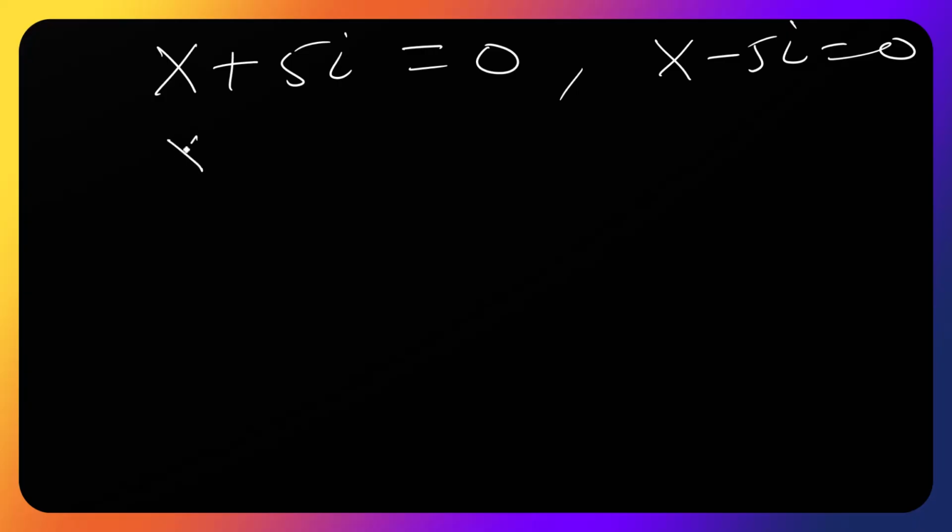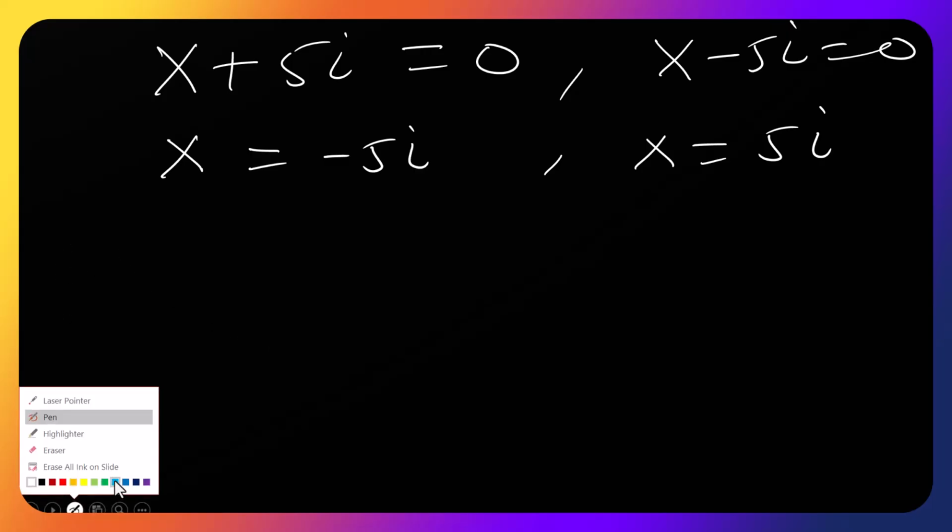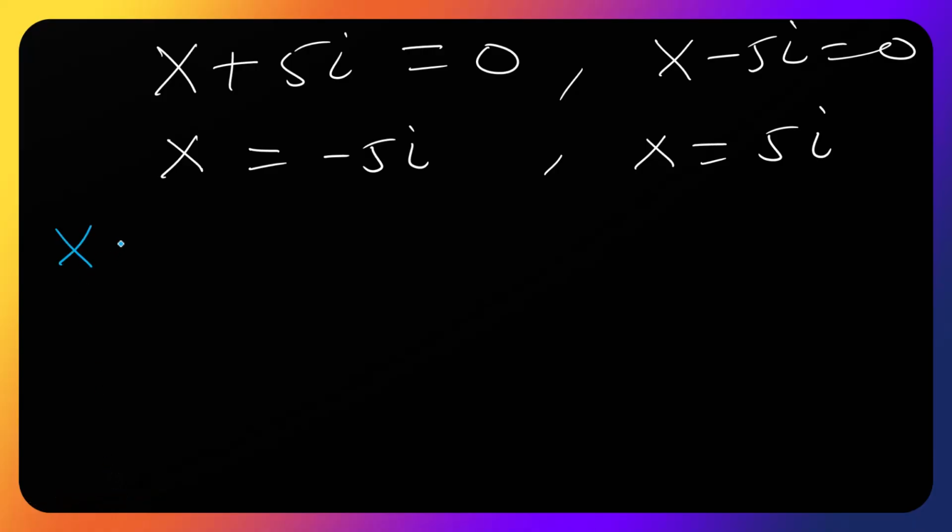So this side will be minus 5i, and this side will be plus 5i. So the four solutions are x equals 5, x equals minus 5, x equals 5i, x equals minus 5i.